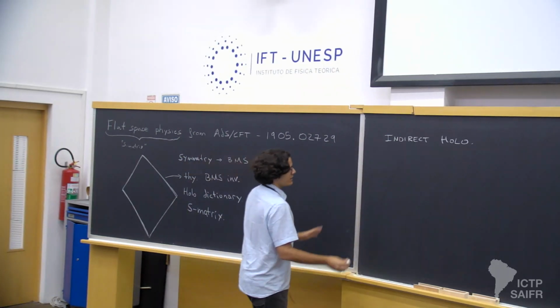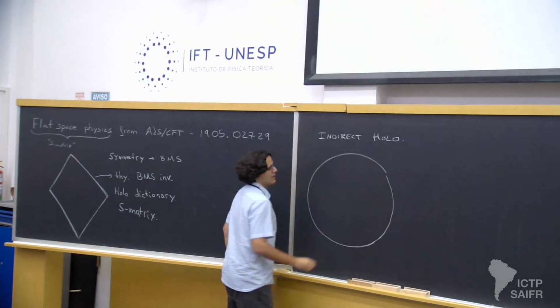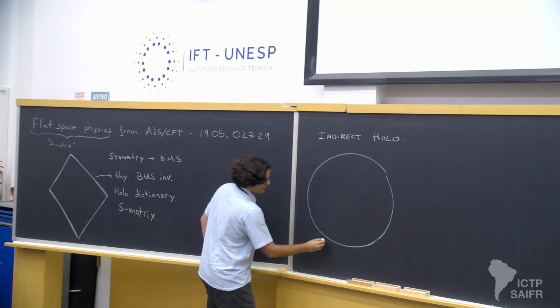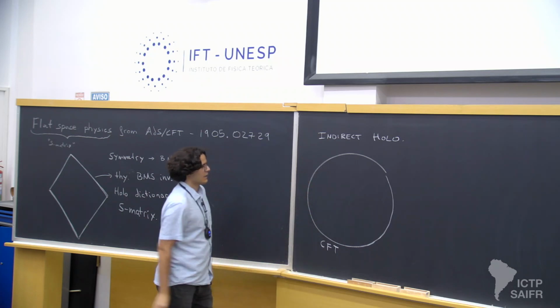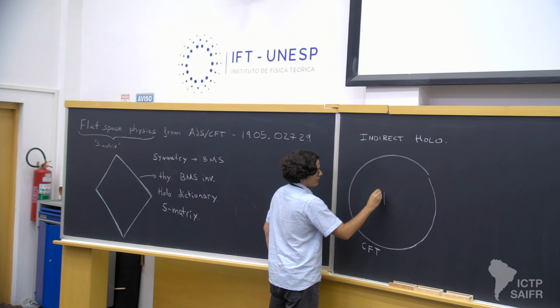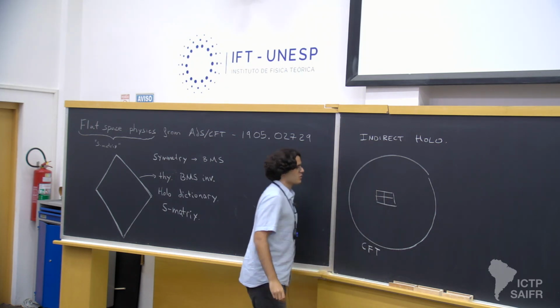All right, so here's the idea for indirect holography. Let me draw AdS spacetime, or at least a time-slice of AdS spacetime. It looks like a disk. At the boundary of this disk, we would have the CFT, whose knowledge replaces the knowledge of the AdS geometry. Now, in the middle here, the lengths are pretty small, so I can fit a certain amount of squares, let's say.